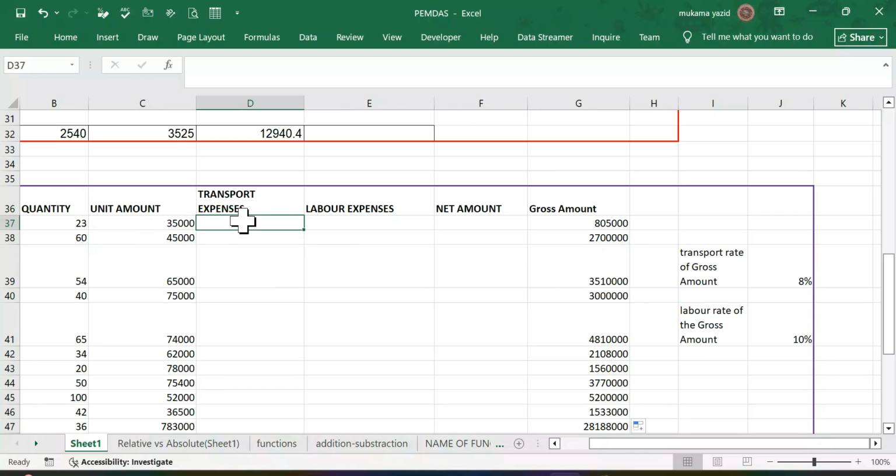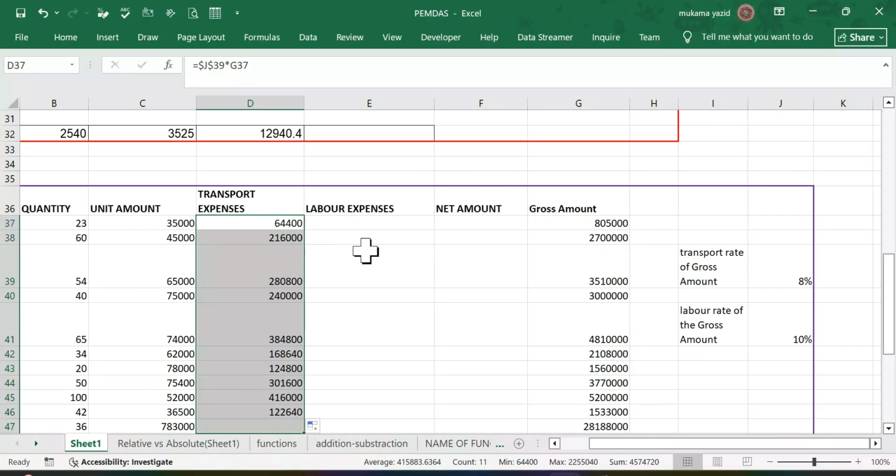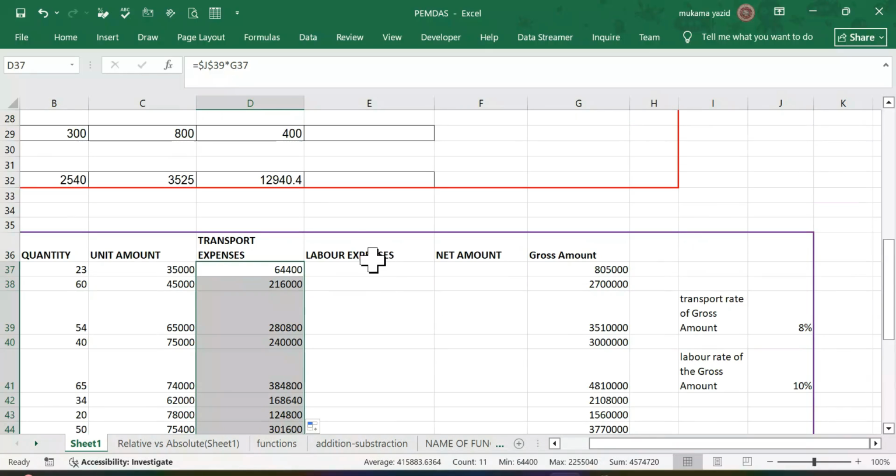To turn that 8% into an amount, we just say 8%. This is the 8%, but remember it is one cell, we just need to lock it so that it doesn't shift, and multiply by the gross amount. Obviously we get what is inside the 8%. So we do autofill to get the rest of the answer.